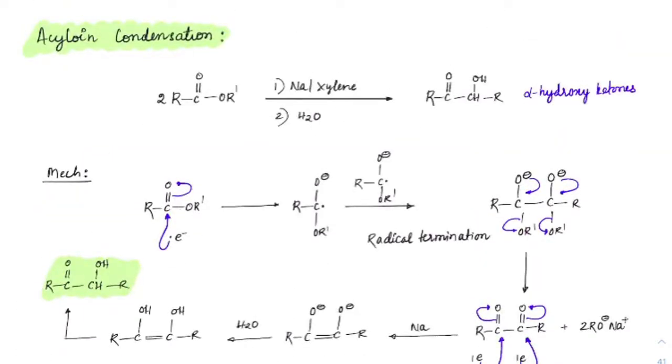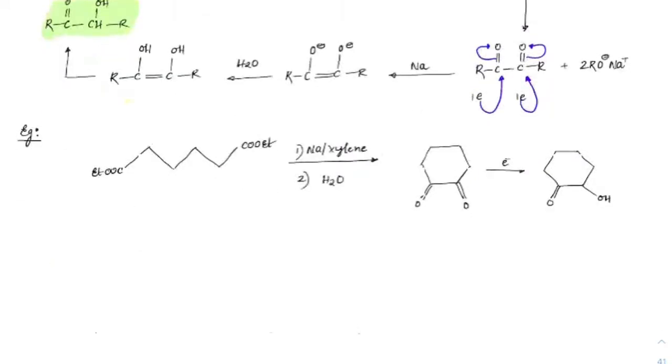Once, an example that was asked is this one, correct? In case you are not using base, just adding sodium to that, then instead of Dieckmann condensation, what we can expect is the acyloin condensation. See, how does this happen now? Same thing here also, we will get a dot here.